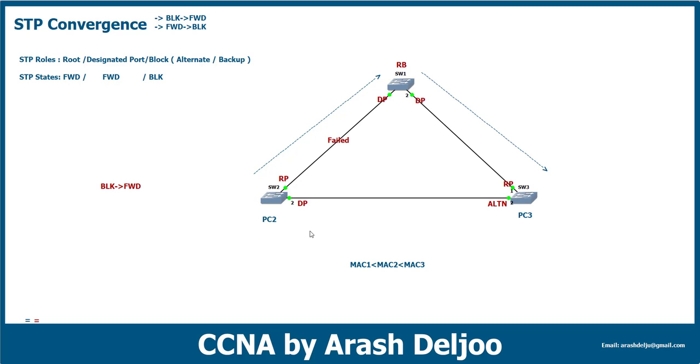Because of that, it's so important that the path is established again as soon as possible. For example, it's important that this alternate port changes as soon as possible to its new role. The new role is DP, and this means from block to forward.